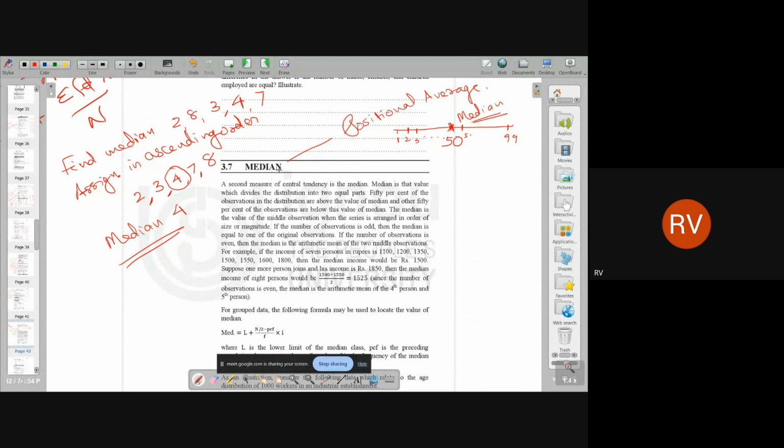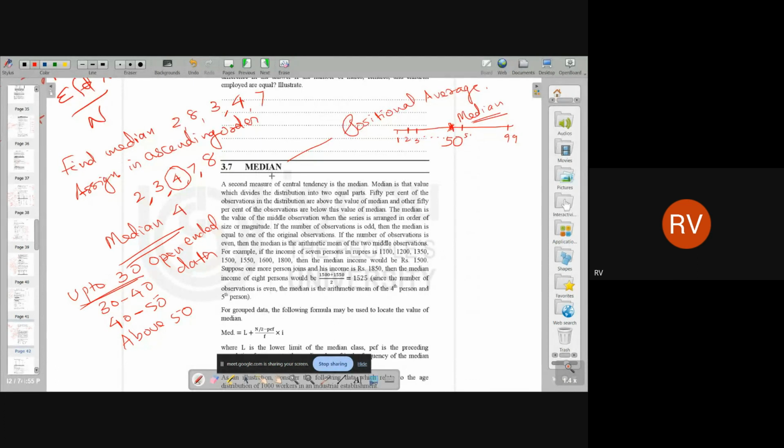The median is used in open-ended data, such as up to 30, 30 to 40, 40 to 50, above 50. This is called open-ended data, where no lower limit is given. 30 to 40 is closed-ended data. When such a problem is given, we have to find the median.